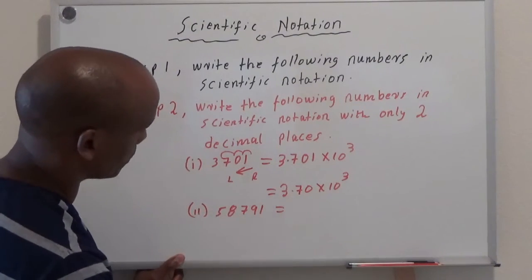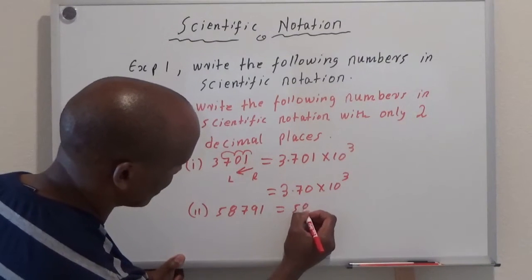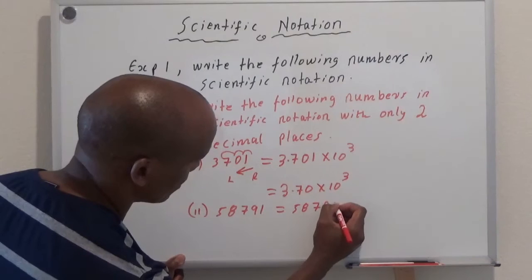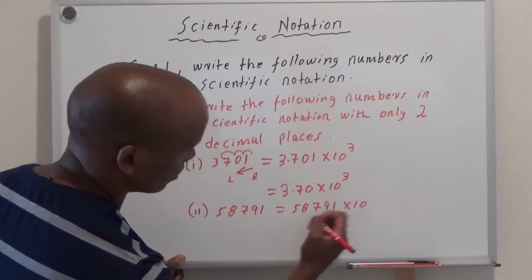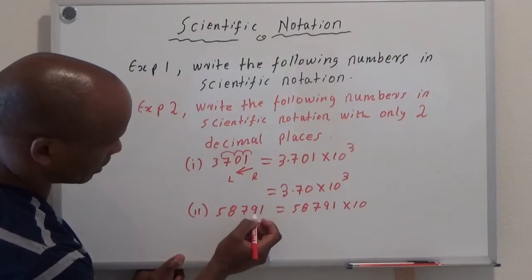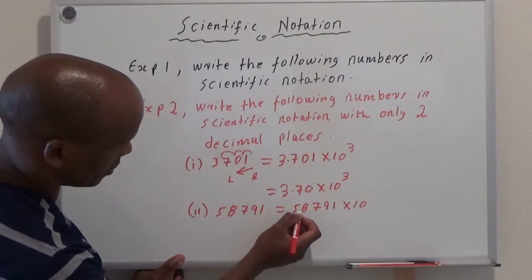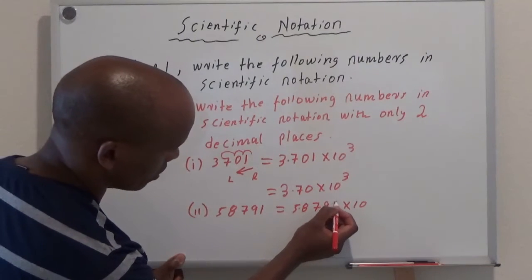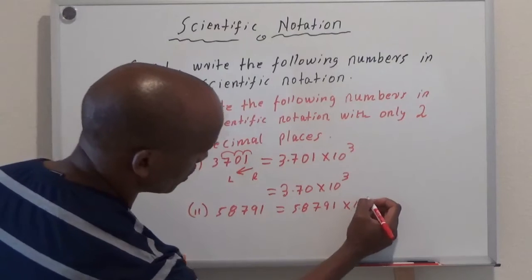The same: first of all I write my number, 58,791 times 10 to the power, which I don't know. Then I count my decimal places. I need the number between 1 and 10, so the point can only be right there. So I go 1, 2, 3, 4, so it's to the power of 4.